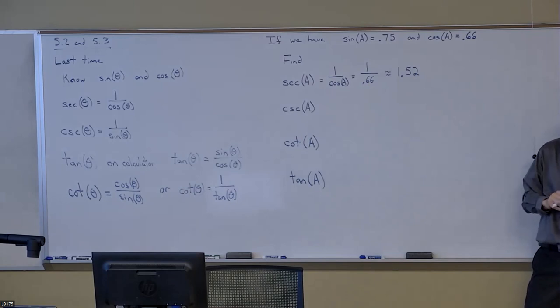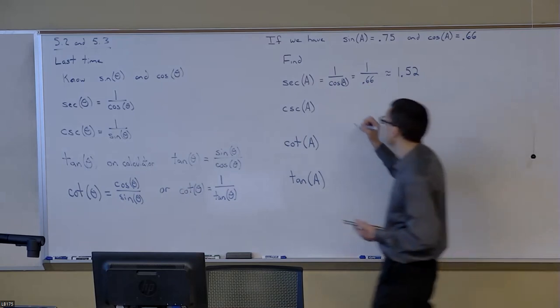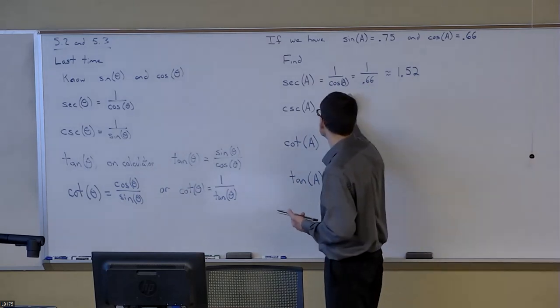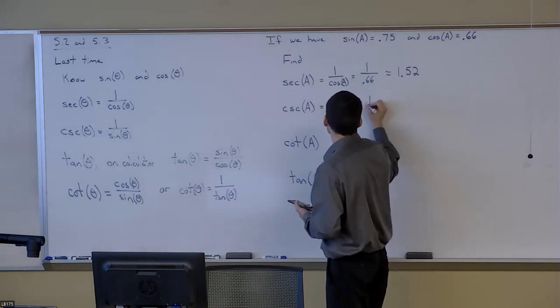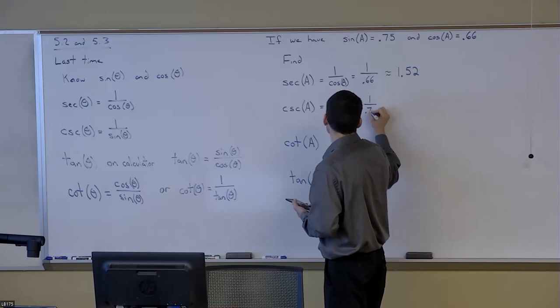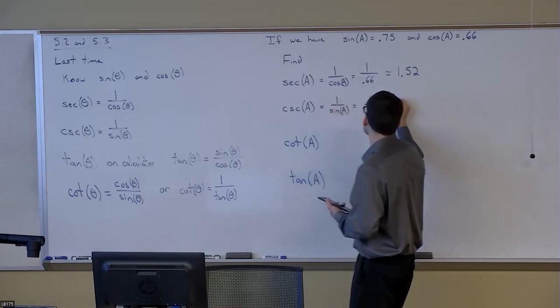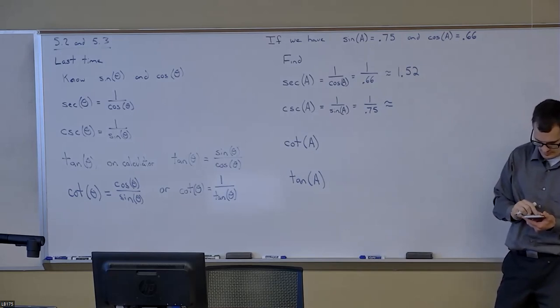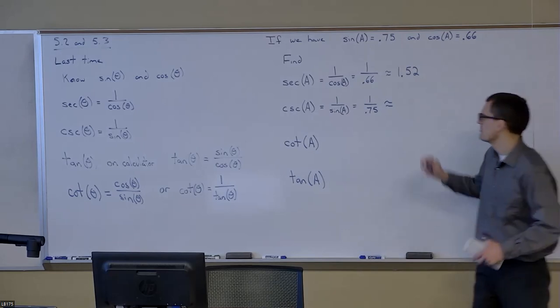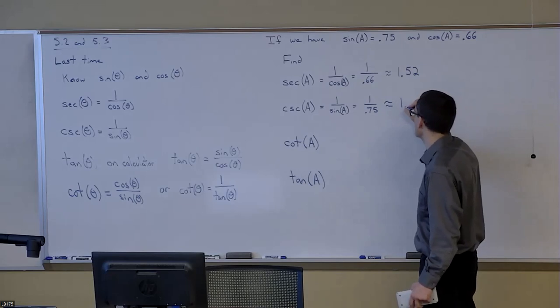Cosecant is 1 over sine. So that's 1 over 0.75, which gives me about 1.33.